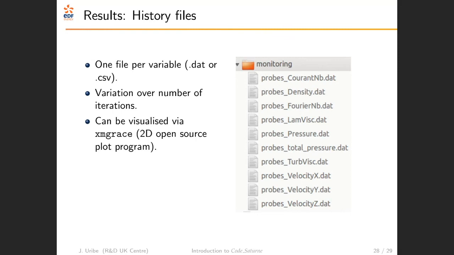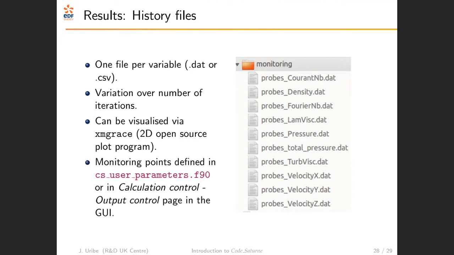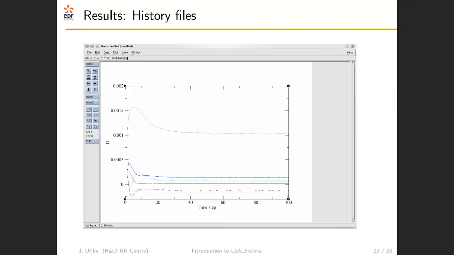You can select how frequently they're written, and these are just text files that can be opened with any software that you upload to the program. So for example, we use XMGrace or Gnuplot, or you can even load it just directly on Excel, for example. And you can select which ones from the graphical interface or from a subroutine. And this is the sort of plot that you will find, similar to what the track convergence shows you.